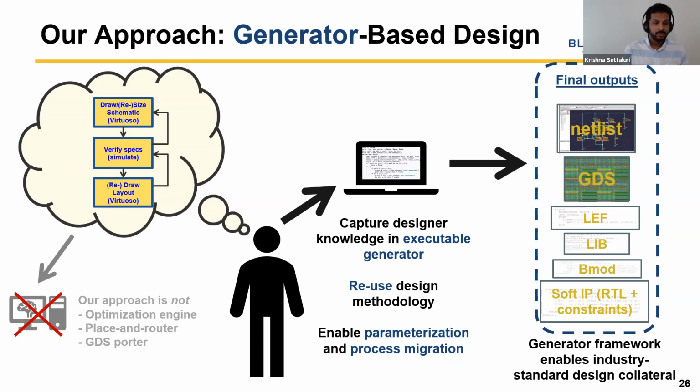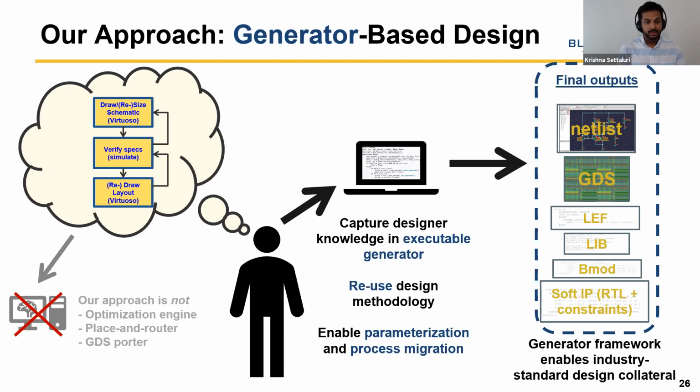Now, one of the big key updates that has happened within the framework over the past couple of years, I should say, is the fact that now there's a robust framework to actually enable the production of not only the netlist and GDS, but even the LEF, lib, and behavioral models as well. And internally, we ourselves are even pushing towards developing RTL and constraints in a very efficient generator-based methodology as well.